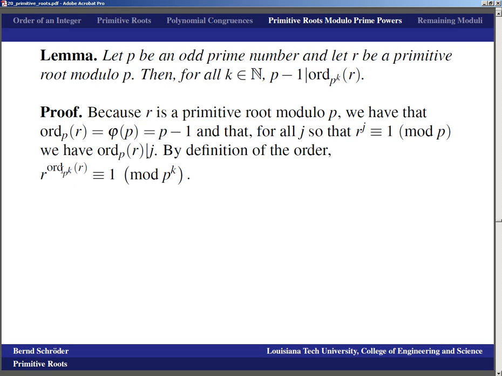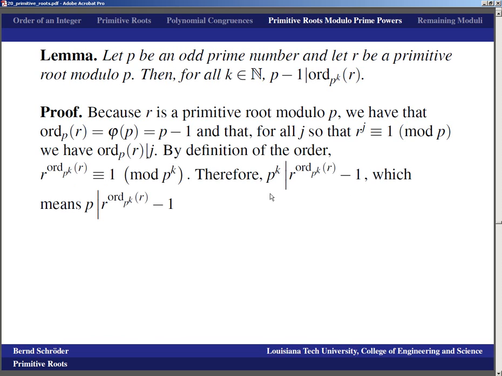So by definition of the order, r to the order of r modulo p to the k is 1 modulo p to the k, which means that p to the k divides the difference of r to the order of r modulo p to the k minus 1, which means that p divides that same thing. And that means that r raised to the order of r modulo p to the k is equivalent to 1 modulo p. I think I could have gone directly from here to here, but filling in the details isn't too bad.